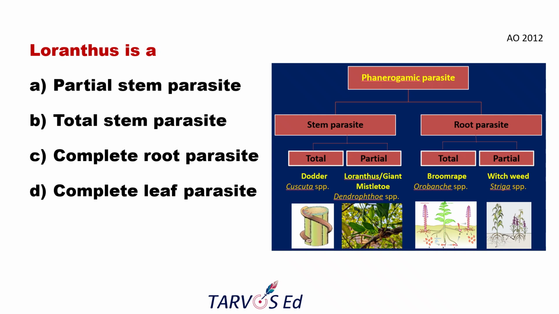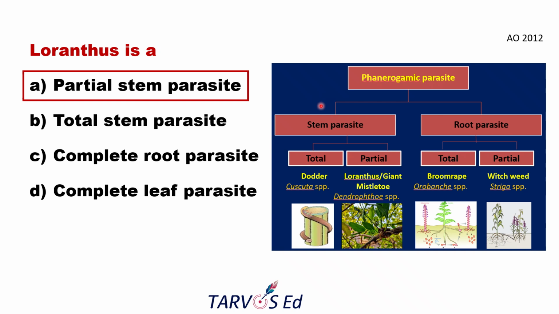Loranthus is a partial stem parasite. So we have already discussed this flowchart: phanerogamic parasite, stem parasite, and root parasite. In both the stem and root parasite, there are two subclasses: total parasite and partial parasite. So total stem parasite, partial stem parasite, total root parasite, partial root parasite.